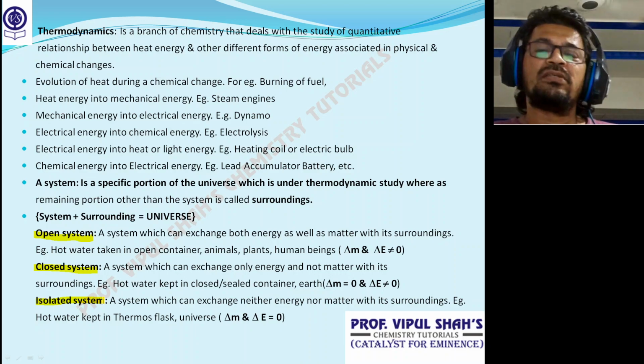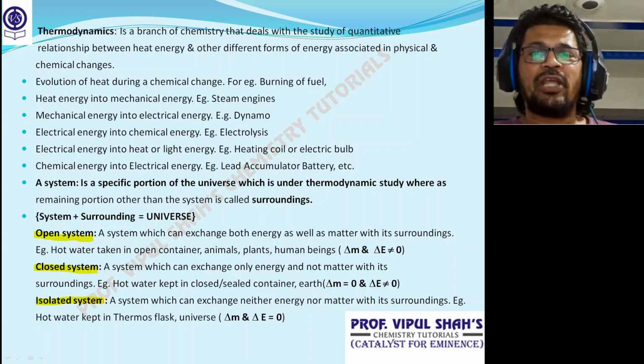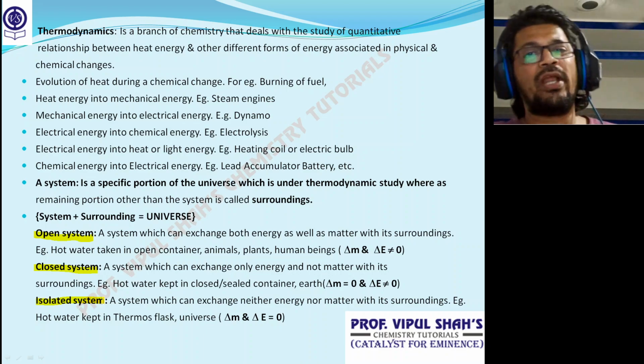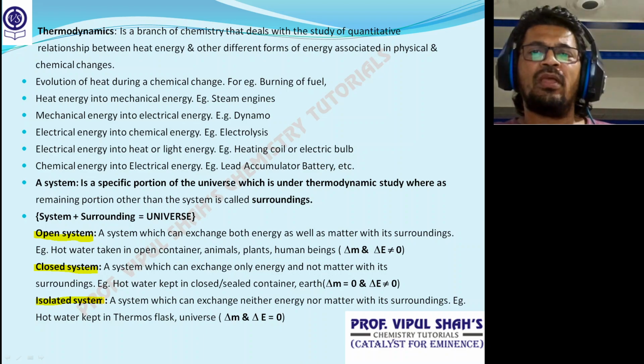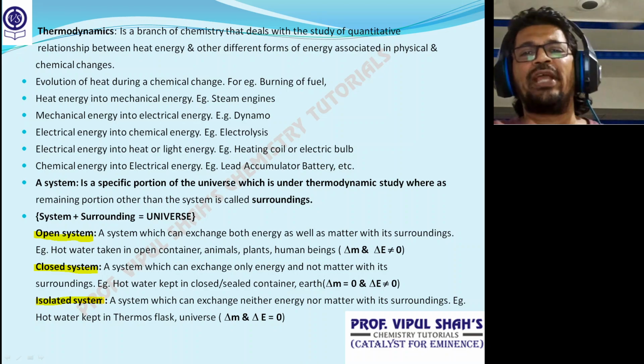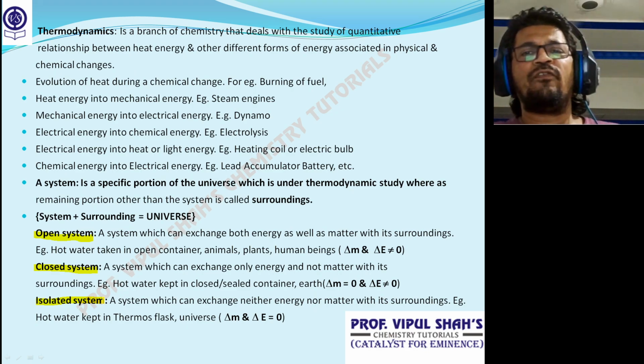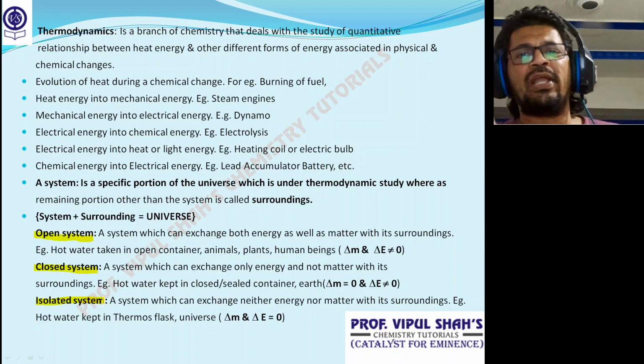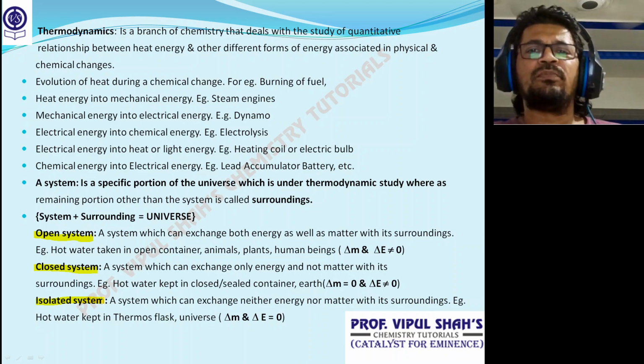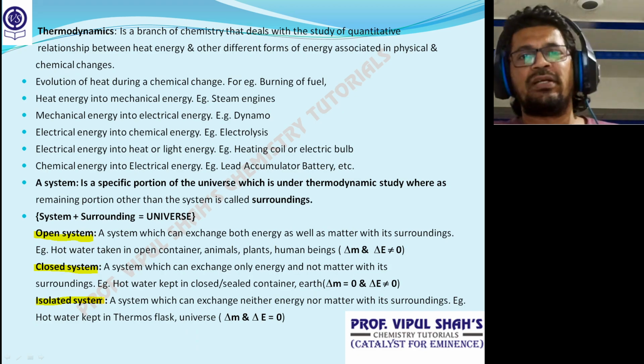Third, we have the isolated system, which is capable of exchanging neither matter nor energy with the surroundings. Example, the universe. The universe is infinite, so we say our galaxy systems behave as an isolated system. There is no exchange of energy or matter with its surroundings. Or like a coffee in a thermos flask. More clearly, a thermos flask cannot be called an isolated system; it's a thermally insulated system.